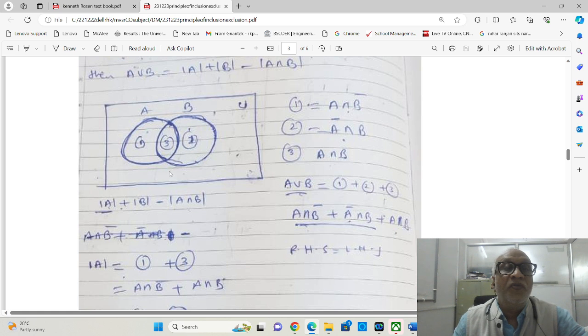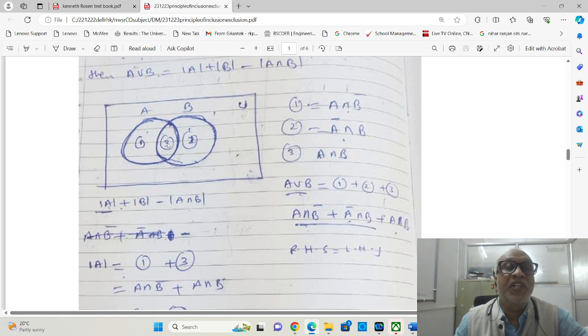So 3 can be directly denoted as A intersection B. What can 1 be? 1 can be A intersection B bar, and what can 2 be? 2 can be A bar intersection B.